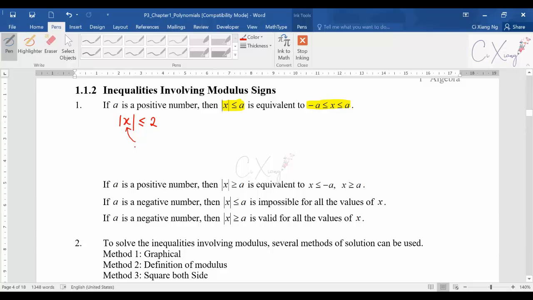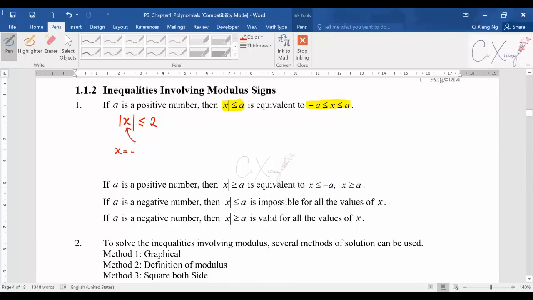You can do trial and error. If x equals negative 3, the modulus of negative 3 is 3. Is 3 smaller than or equal to 2? No. So negative 3 is not true for this inequality.